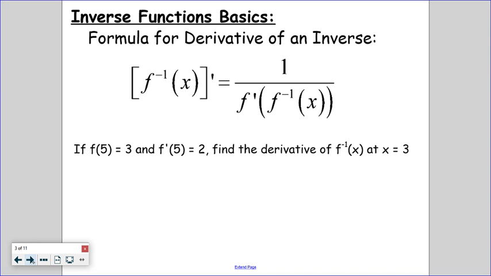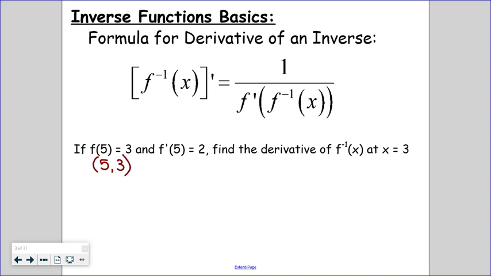So again, more than one way we can attack this, so I'm going to talk through it two different ways here. The first way is just using that definition that we've got up here of our inverse derivative. Actually, let me back up here. Just remember that what this means is we have the ordered pair 5, 3 in our function, right?